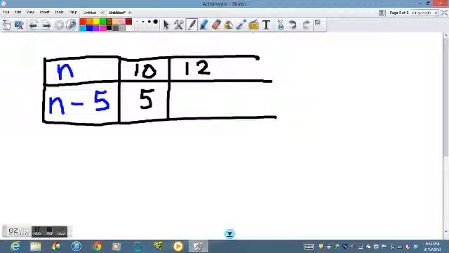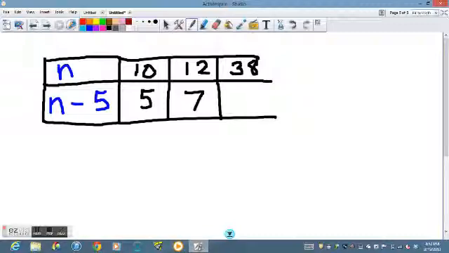Now let's say the top number is 12. So now my n is 12. And by the way, n just stands for any number. That's why they use the letter n, because it's the first letter in the word number. So in this case, my n is 12, and the number that goes under it is going to be n minus 5, or 12 minus 5. So that'll be 7.